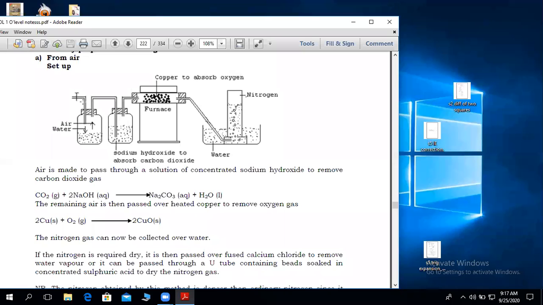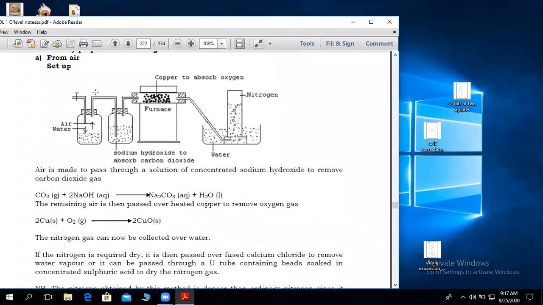But if we want a sample of nitrogen on the industrial scale, then we use fractional distillation, whereby nitrogen and oxygen are liquefied, and since they have different boiling points, they can be separated by fractional distillation.